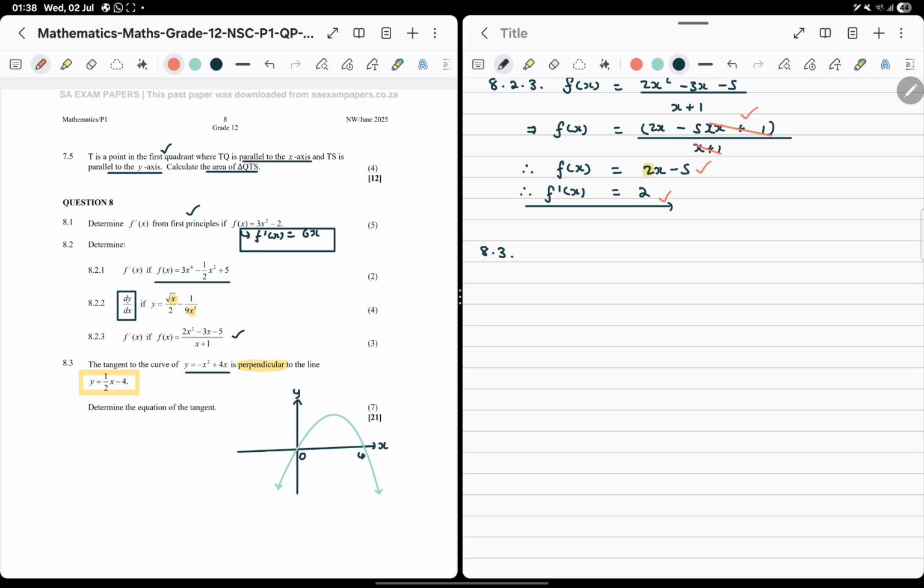So now we know that basically the gradient of our tangent is going to be the negative reciprocal of this gradient. So if this is a half, this should be -2. So this is suggesting that the gradient is negative, and this can happen where? After the turning point, right? This can only happen after the turning point.